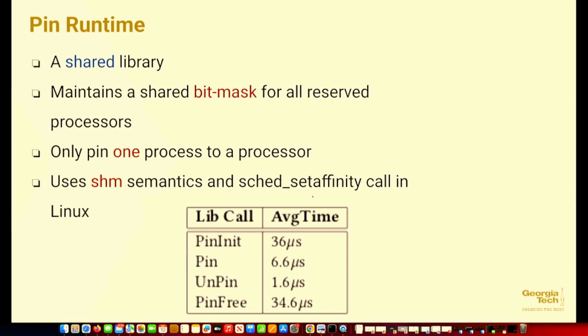Basically, we allow only one process to be pinned to a given processor or core. And then we use the sched_setaffinity and sched_getaffinity Linux APIs to basically pin and unpin a process to a core. And we use shared memory semantics to maintain the shared bit mask across the processes.